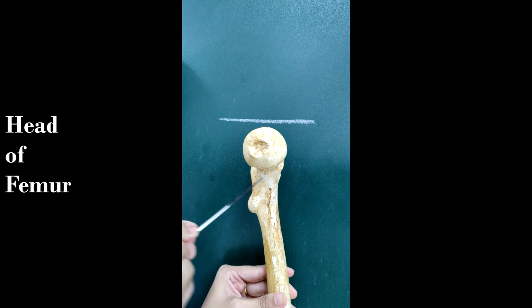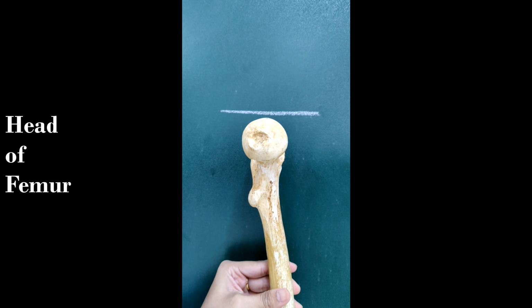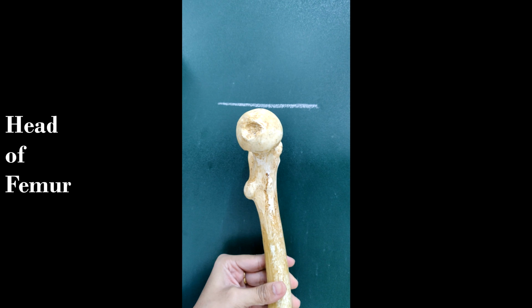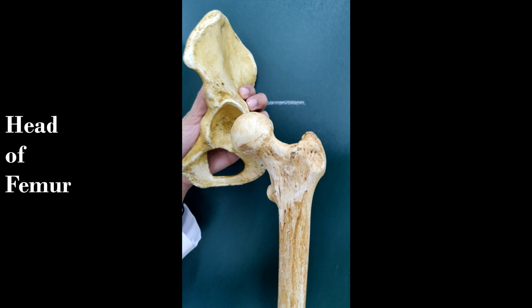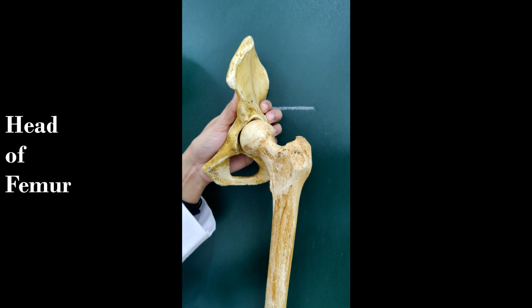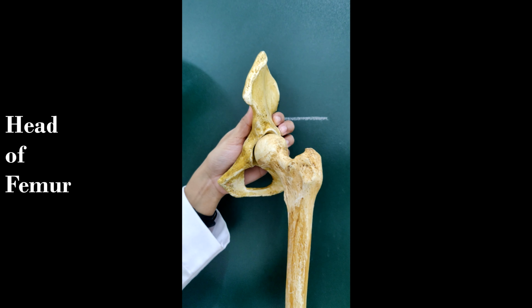It is articular. It forms 2/3 of a sphere and it fits into the acetabulum of the hip bone to form the hip joint.